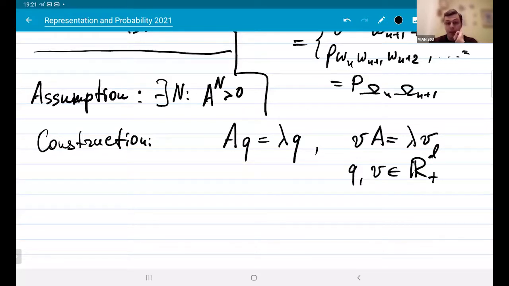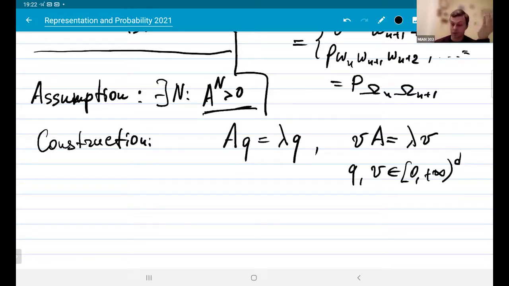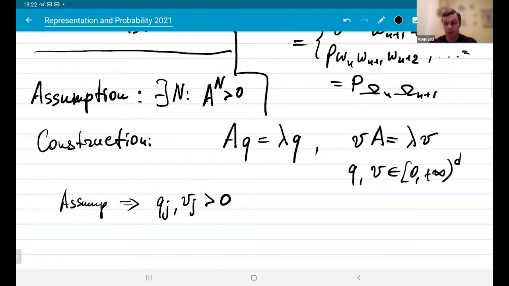Okay, and moreover, our assumption is, let me say this as follows. In fact, this condition that there is a power that is positive means that all elements of all q j, v j are strictly positive.